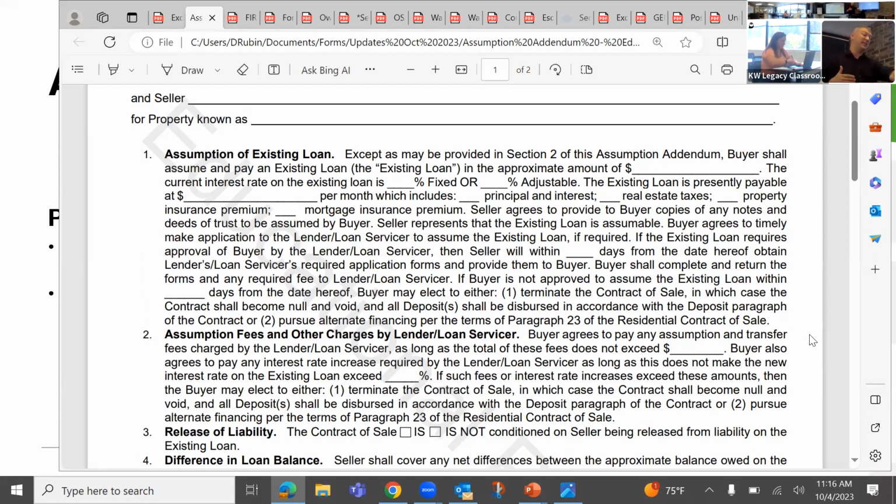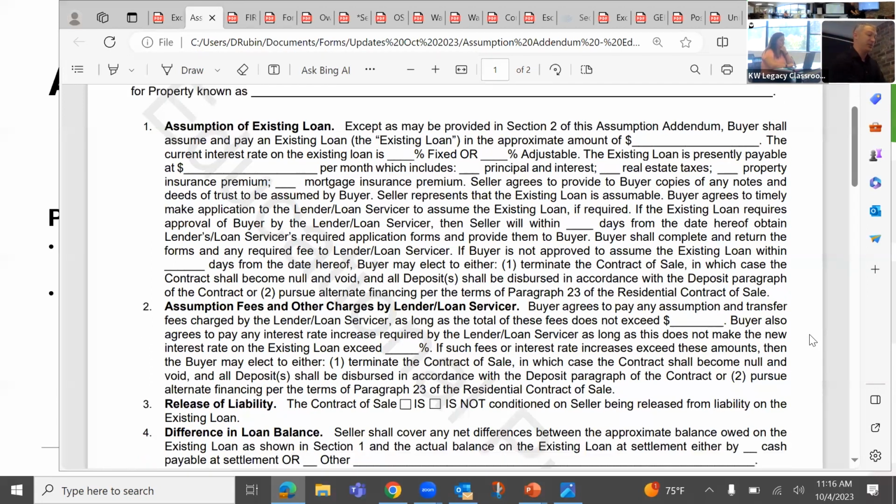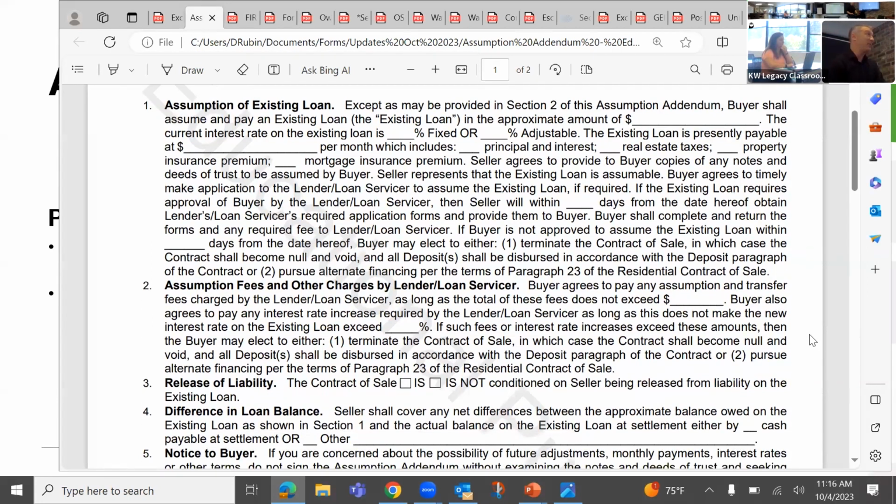So when you're filling out part 1 on the seller side, that needs to be a final payoff provided by your lender, not something you've estimated, not something you've just looked at based on bank statements. I want an official payoff just to protect your seller from that paragraph 4.